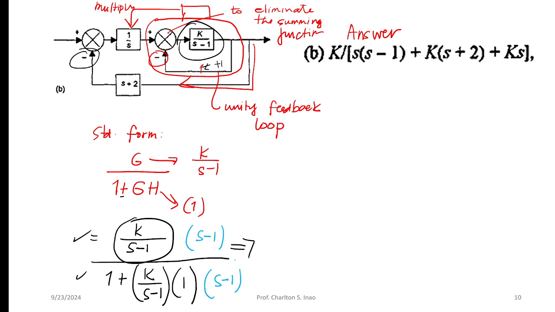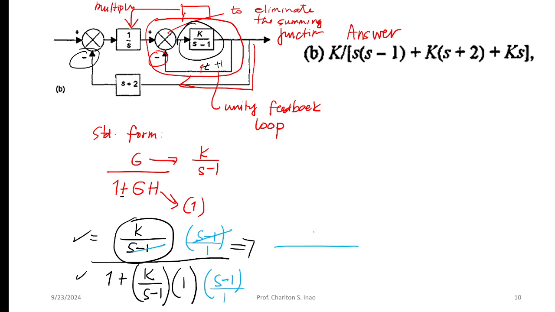So S minus 1 divided by S minus 1, like 1 divided by 1, or 5 divided by 5, will yield only 1, no? So as if you did nothing, because you multiplied both the numerator and denominator, and that makes it balance. It's like S minus 1 over S minus 1 is just 1. But you can simplify this, right? So S minus 1, S minus 1, so that will be cancelled.